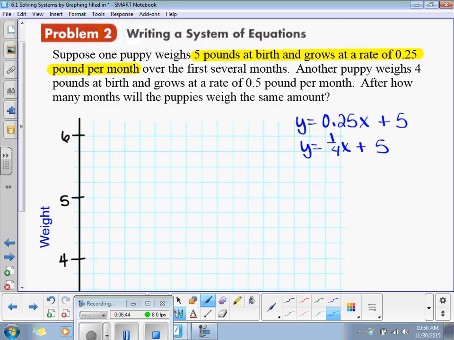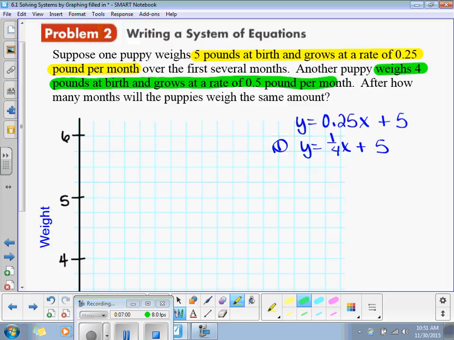Equation 1. Equation 2, let's see. Again, looking at our information, it says another puppy weighs 4 pounds at birth and grows at a rate of half a pound per month.